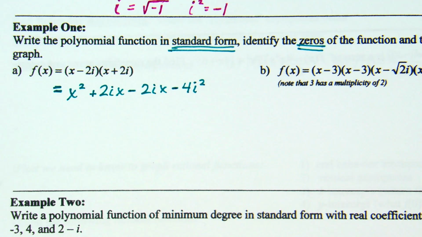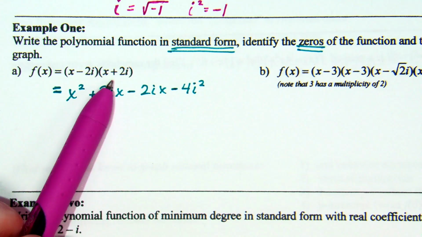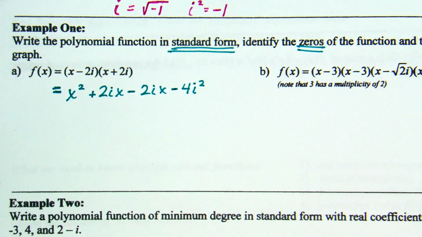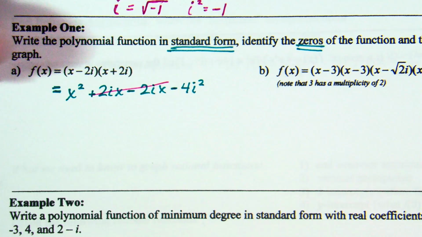Okay? It's not a good standard form, so let's clean it up. What do you notice? Can't we just do x squared? And it doesn't cancel out. Okay, so first of all, notice x minus 2i and x plus 2i are what we call conjugates. And when you multiply conjugates, those middle terms cancel.